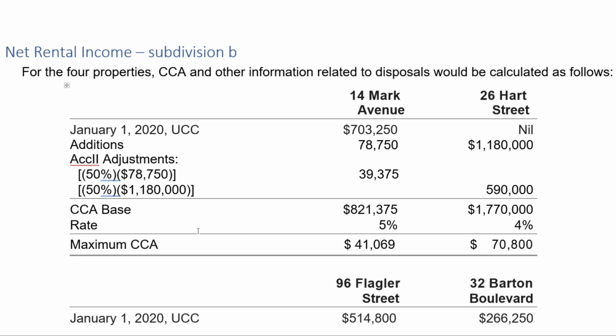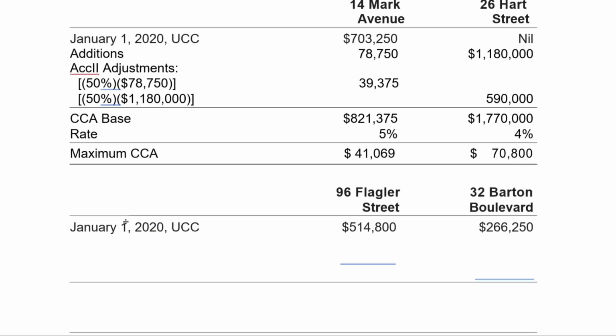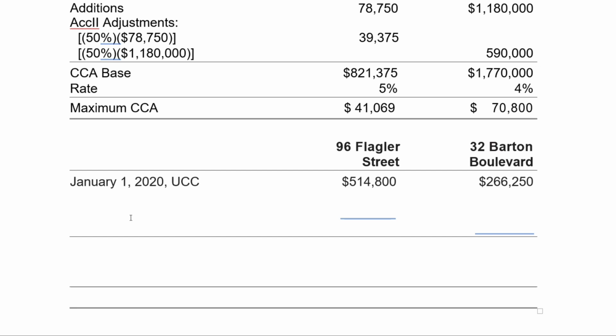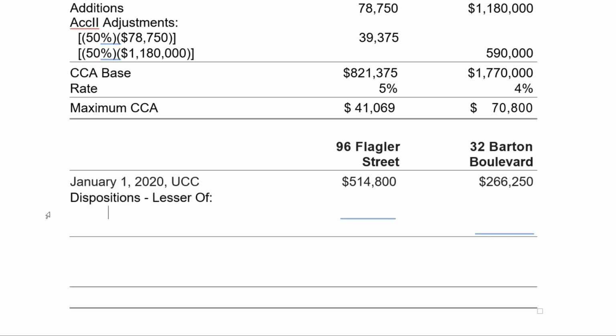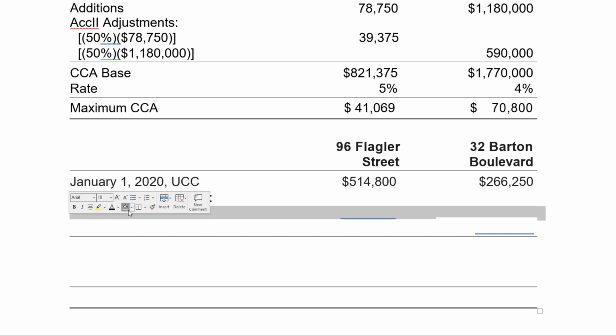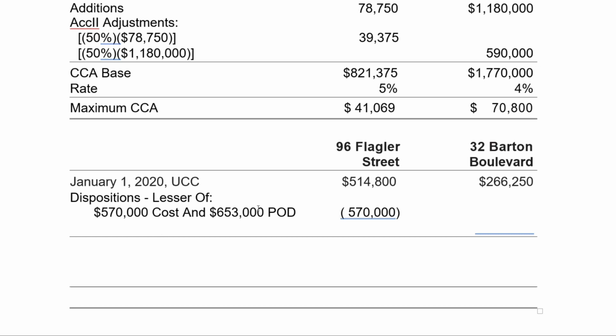Let's take a look at the other properties. 96 Flagler Street had an opening balance of $514,800. 32 Barton Boulevard had an opening balance of $266,250. These were the properties that were sold during the year. So our dispositions, remember, are the lesser of the proceeds of disposition and the original capital cost.